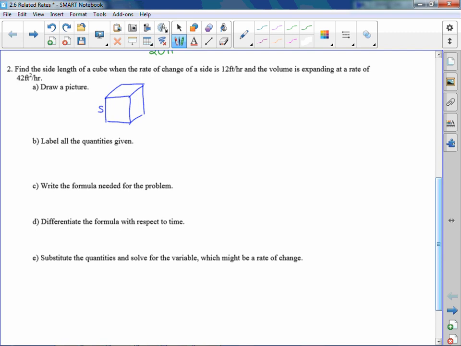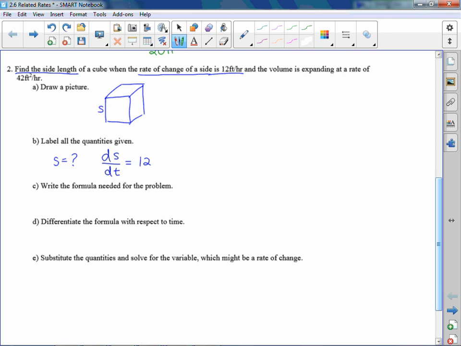All right, let's see what we have. It says find the side length. Okay, that's what I'm looking for. It's S. The rate of change of a side, okay, that's going to be ds/dt equals 12 feet per hour.